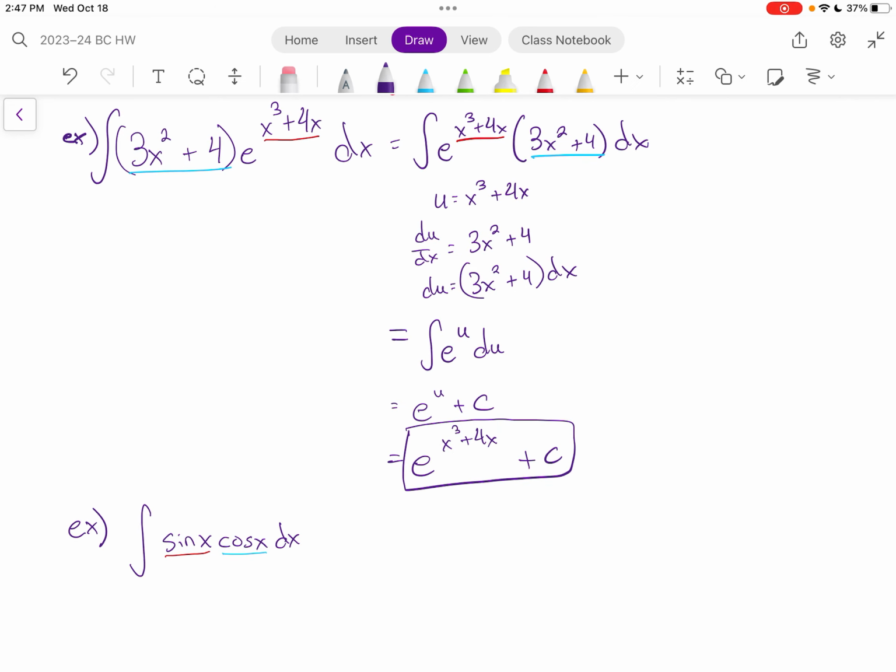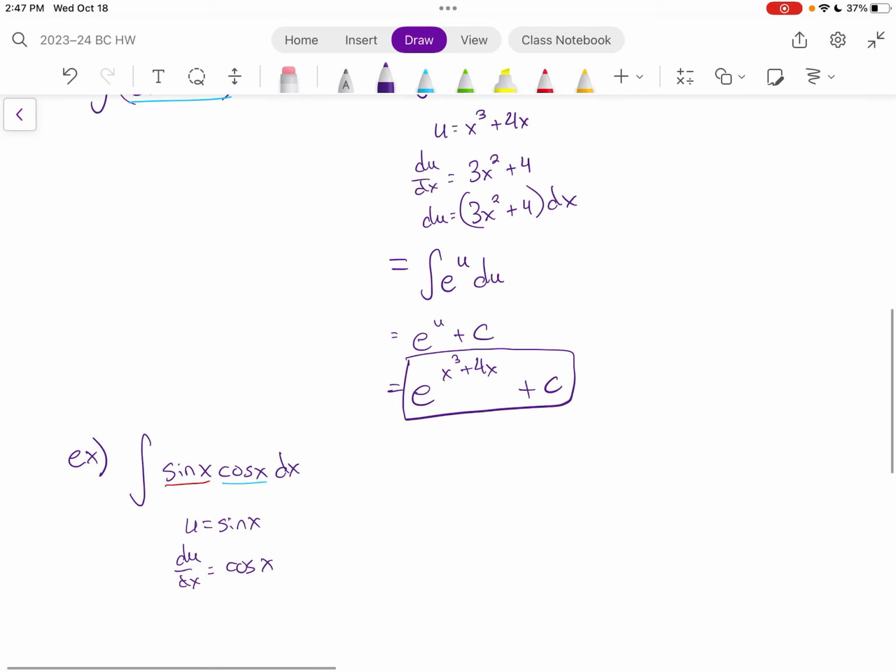Okay, hopefully you got somewhere that works, right? You should have said something like, oh, if my function would be sine x, and then my du dx would be cosine x, and therefore my du is cosine x dx.